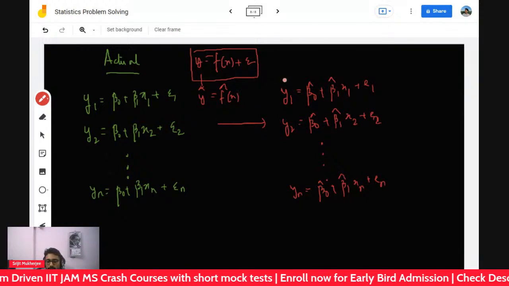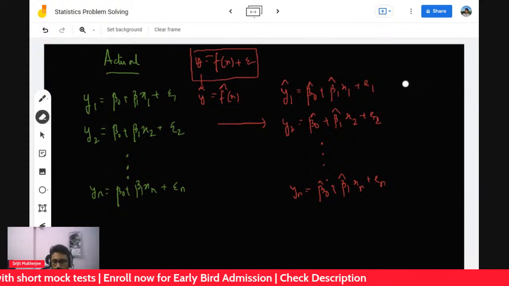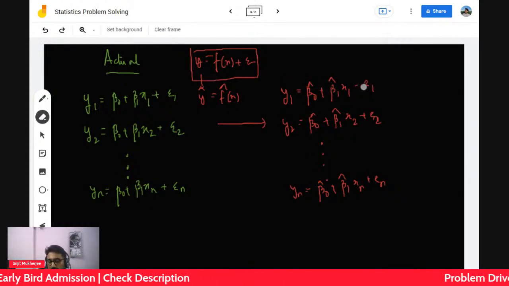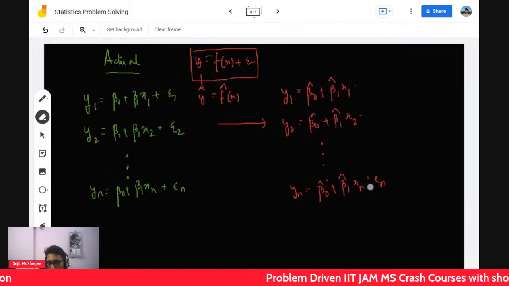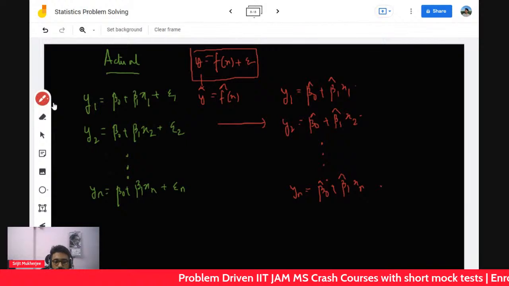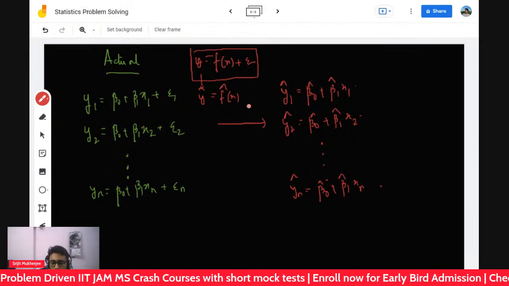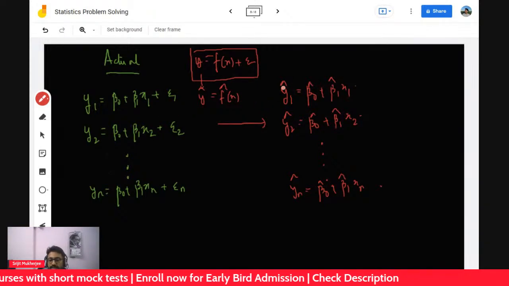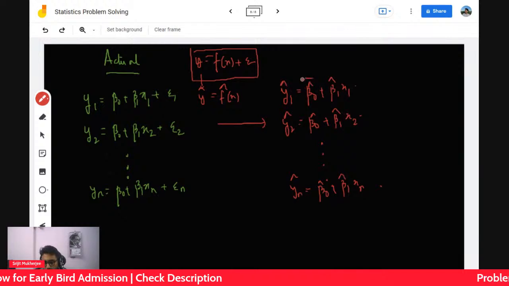So we are trying to find y hat. So y will be this, but we are trying to find the closest possible value of y by approximating this. So this y hat will be this one, that is f hat of x. These are the estimated ones.